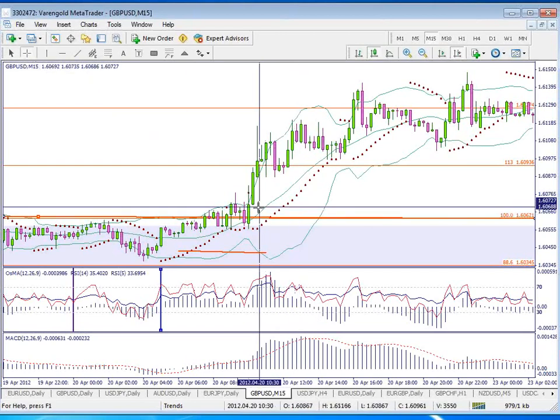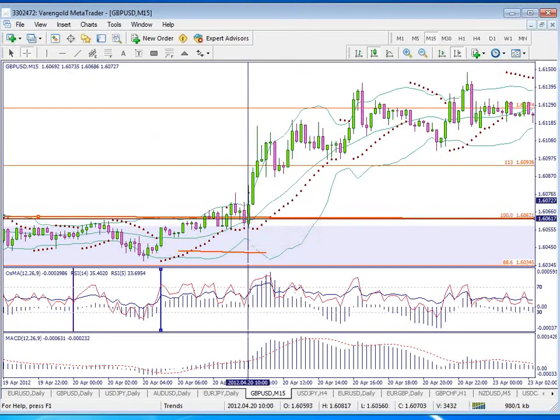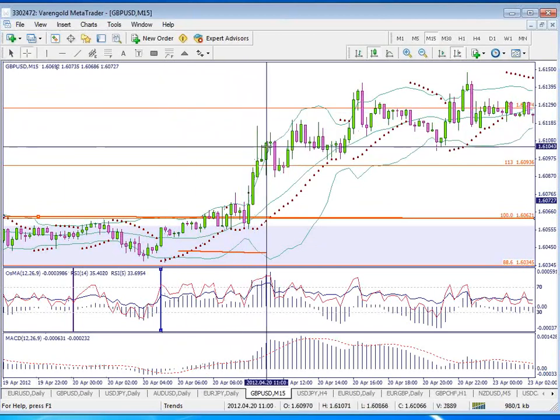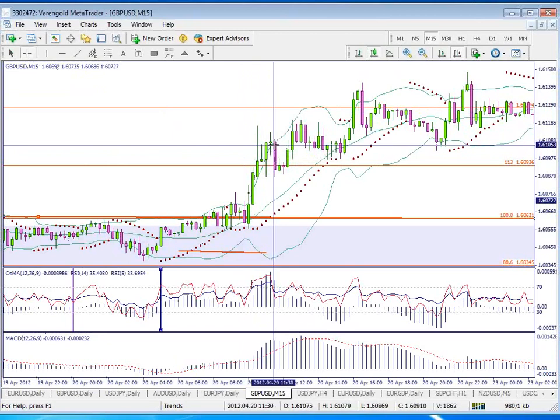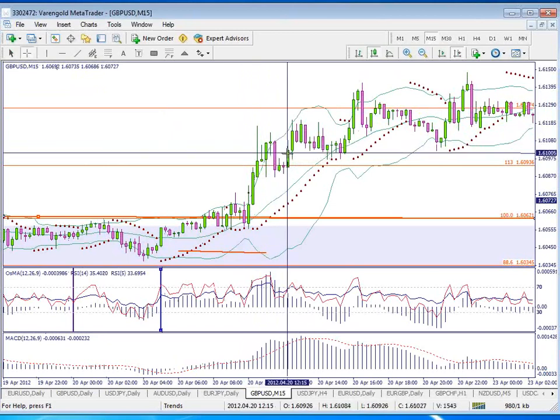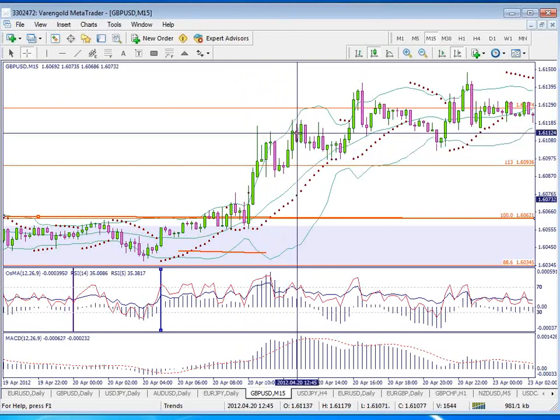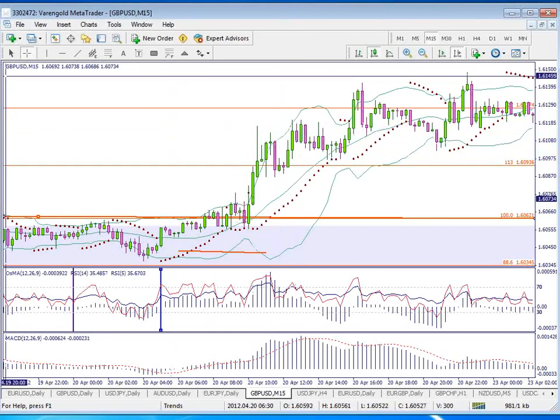We can take those signals, so from here up to the opposite signal, I have about 31 pips. Here I have the signal for entry, here I have the signal for exit. After a short period of time, I have another signal for entry here, and in 30 minutes, I have a signal to go out.